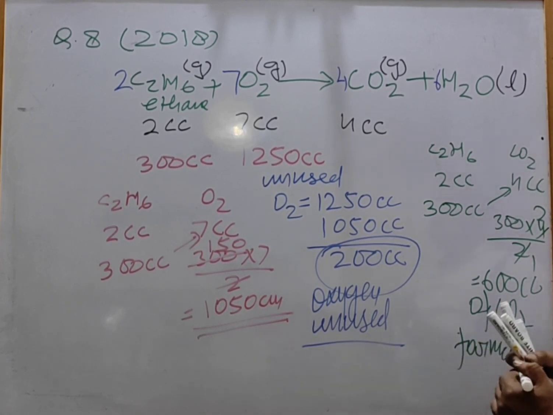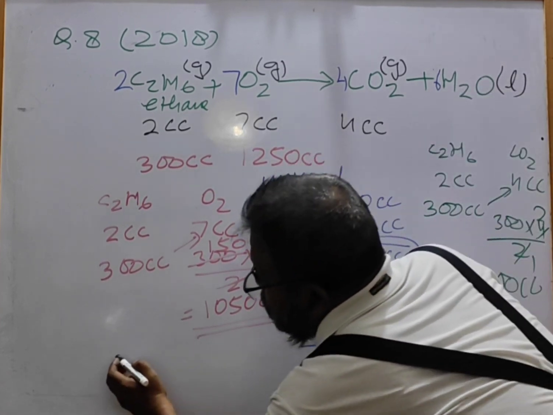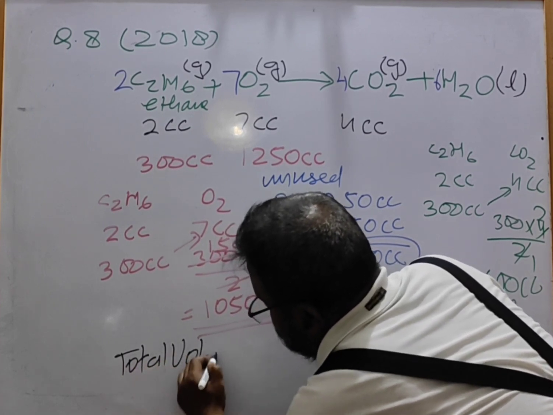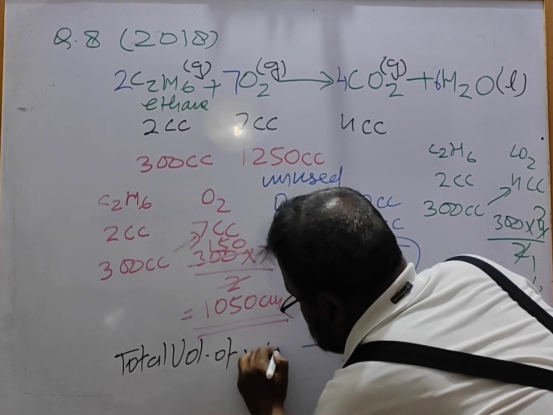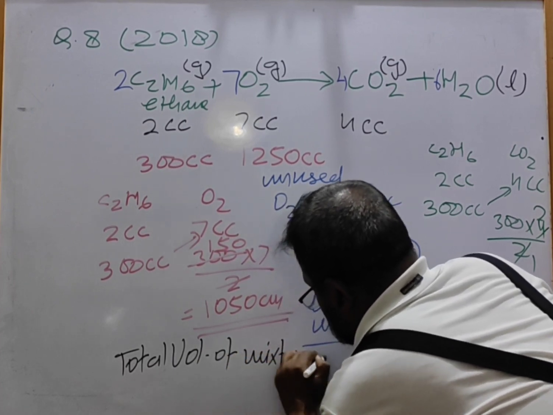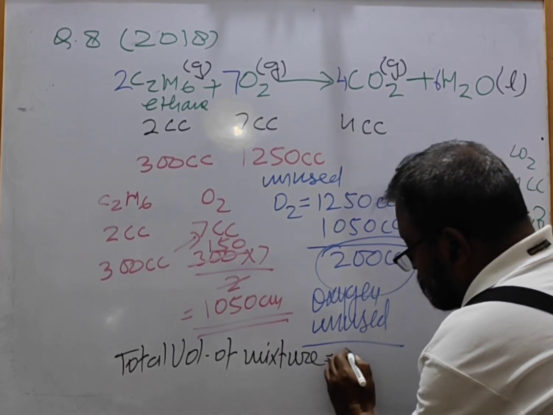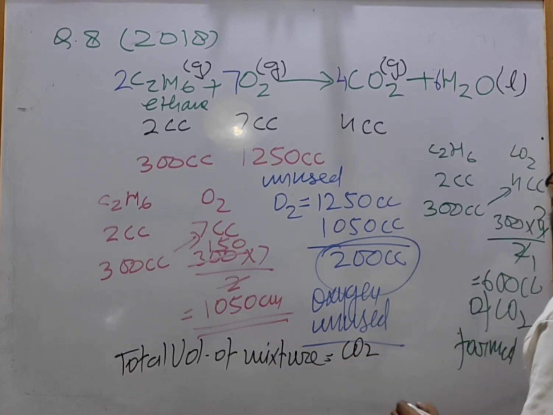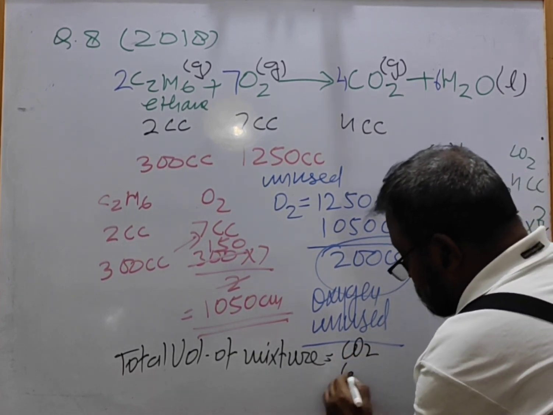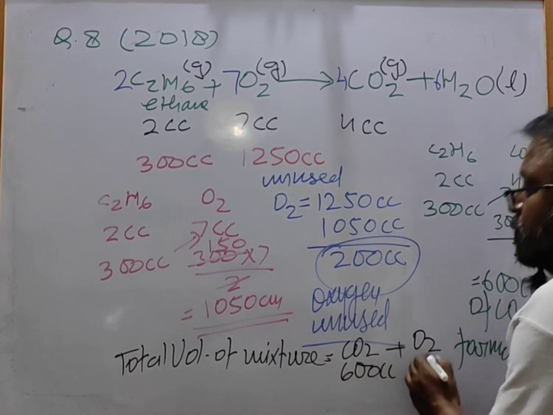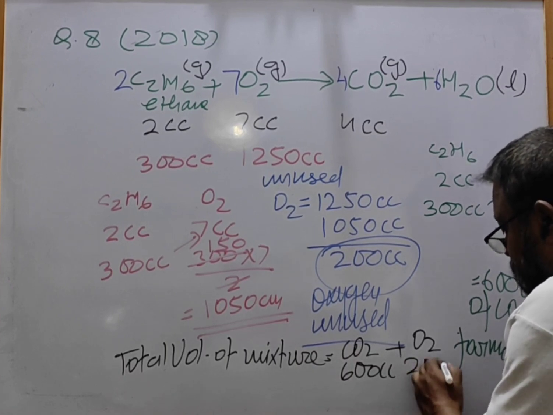So what will be the total volume of the mixture? Total volume of mixture is CO2 600 cc plus oxygen 200 cc.